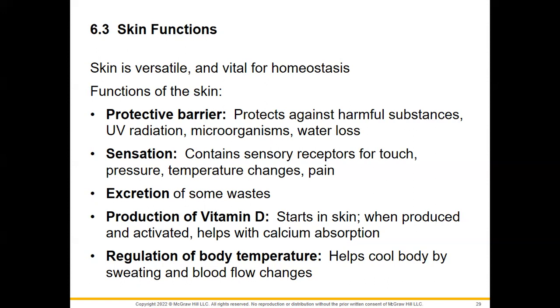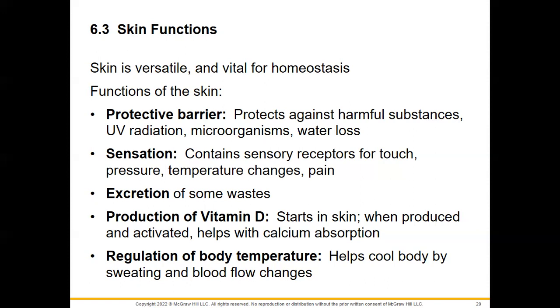And then it helps to regulate body temperature by having the air cool off the sweat that has been deposited on the skin. It also regulates body temperature by blood flow. So when we are hot, you notice that sometimes you can look flush. And when we say that somebody's looking flush, usually that means that their skin is red.